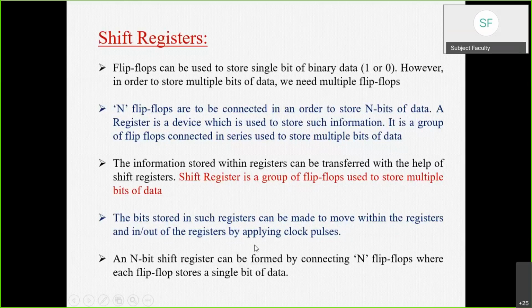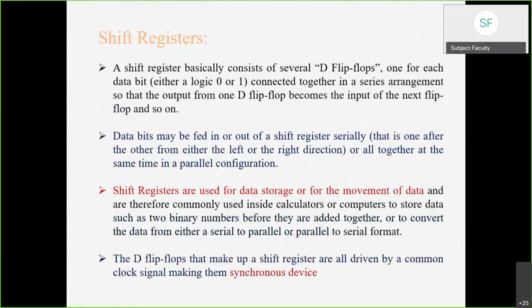And this movement or transfer is controlled by the clock pulses, right? Again, the important thing is it is a synchronous device. That means for all flip-flops, the clock signal will be applied simultaneously.